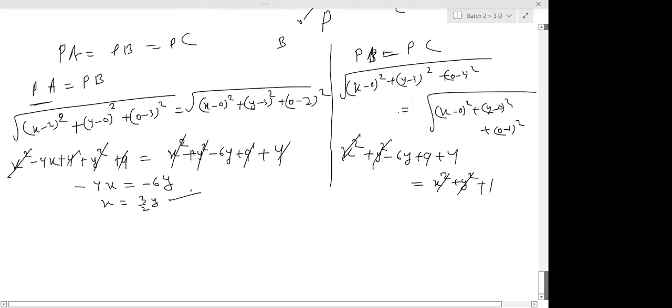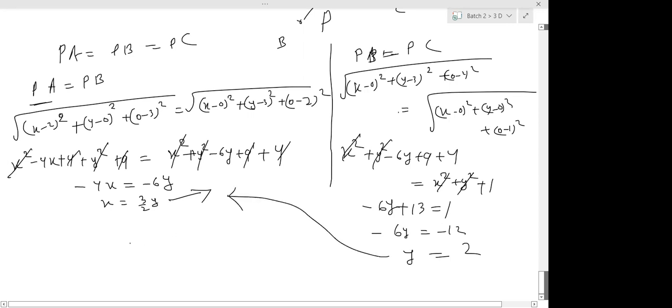Put the value of x in here, but there is no x. You can directly find the value of y. Minus 6y plus 13 equals 1. So minus 6y equals minus 12, so y equals 2. If y equals 2, then x equals 3. So the coordinate is (3, 2, 0).